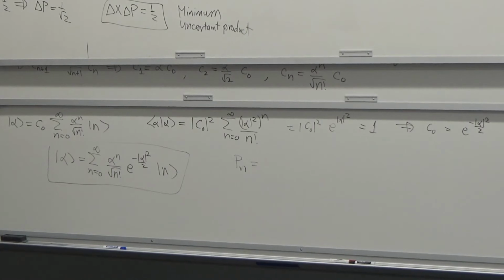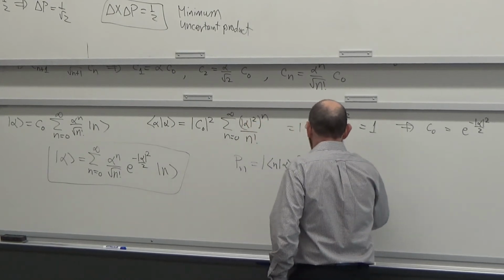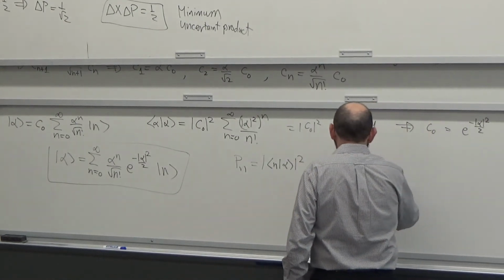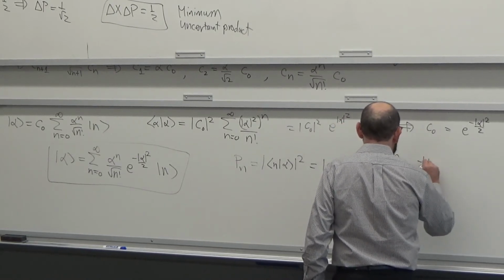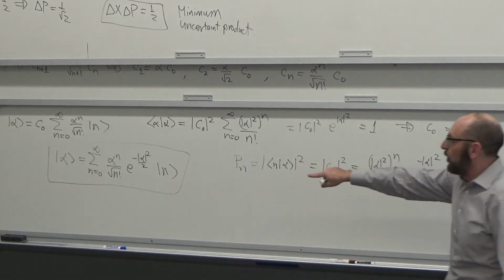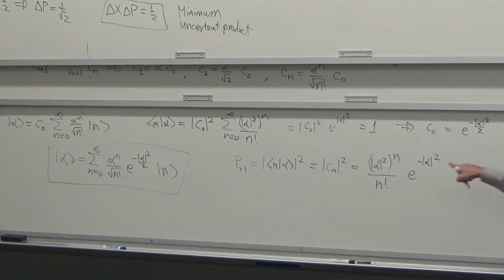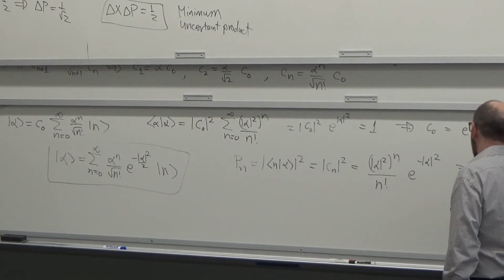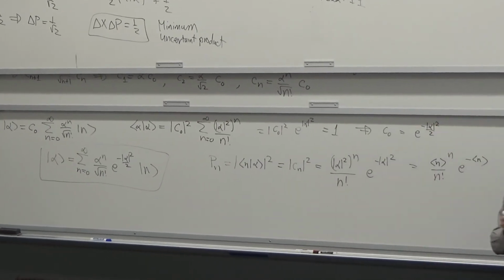Well, that's given by the Born rule, which are the squares of the probability amplitudes, which is equal to alpha squared to the power n over n factorial e to the minus alpha squared, taking this and multiplying it by its complex conjugate, which is equal to alpha squared, the mean number of photons in the mode, to the power n over n factorial e to the minus average n, which is a Poisson distribution.